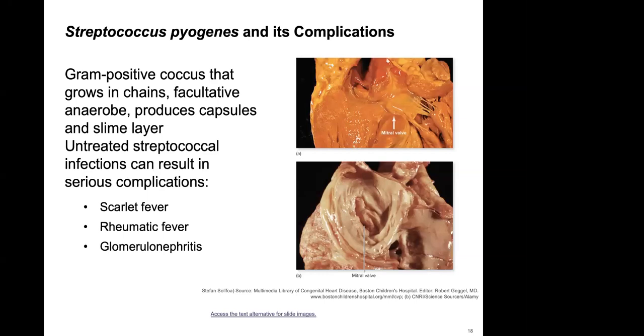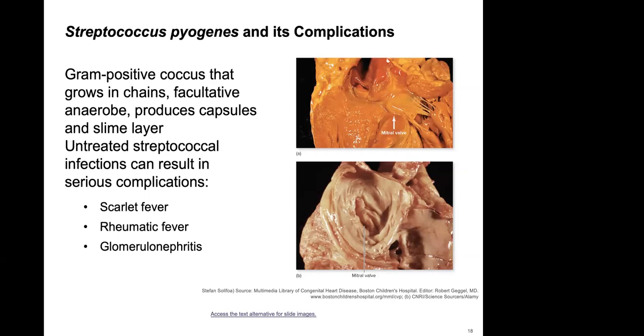Strep pyogenes is a very common bacteria if bacteria is involved in pharyngitis. Most pharyngitis, again, will be viral, but if you do have strep pyogenes, this is a gram-positive coccus that grows in chains. Untreated strep infections can result in serious complications.